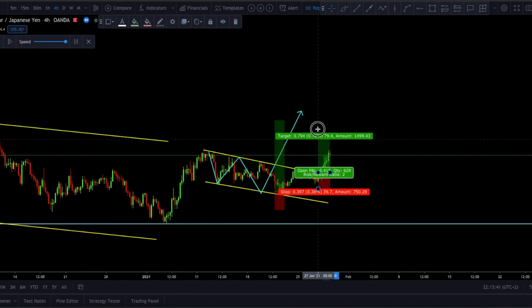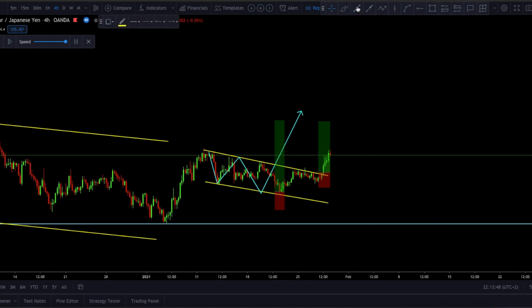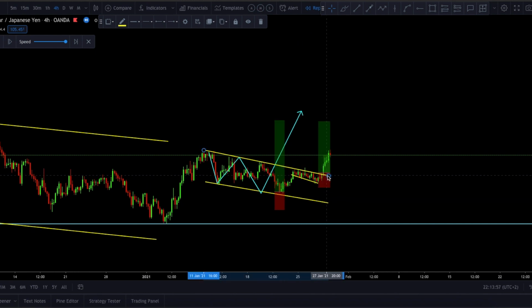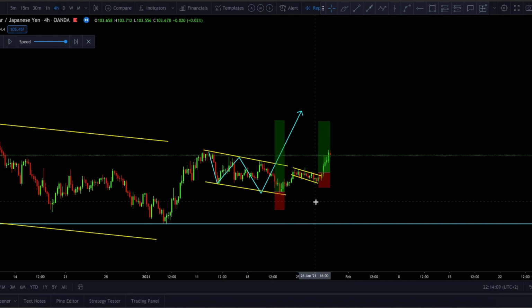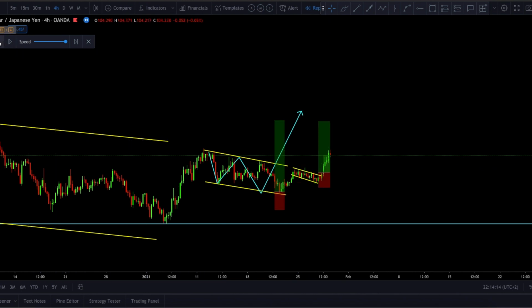Put another buy order, take profit here, put your stop loss just below this, because if you take a closer look, this is more like a correction. This is a correction. See, this is a correction. If you take a closer look, you can buy here.